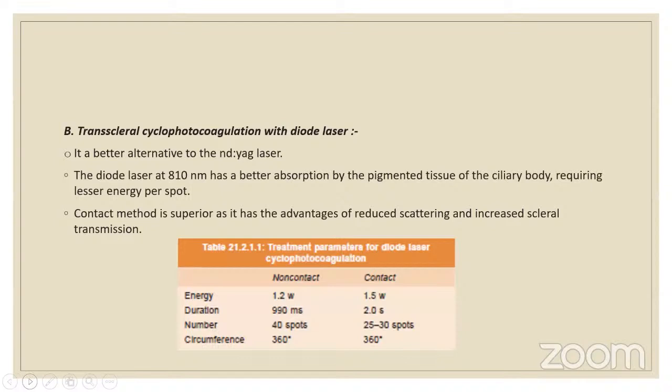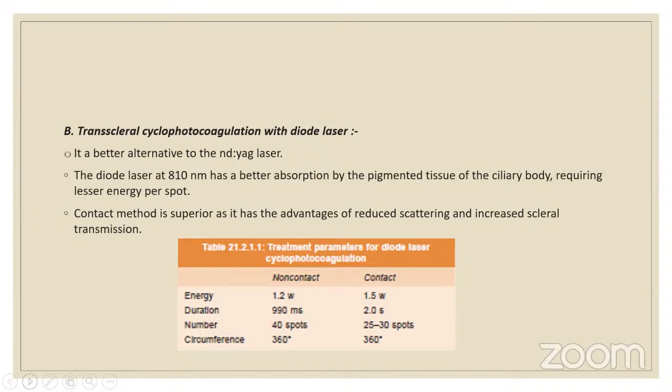Second is transscleral cyclocoagulation with diode laser. It is a better alternative to the Nd:YAG laser. The diode laser is 810 nanometer, has better absorption by the pigmented tissue of the ciliary body, requiring less energy per spot. The contact method is superior as it has the advantages of reduced scarring and increased scleral transmission.